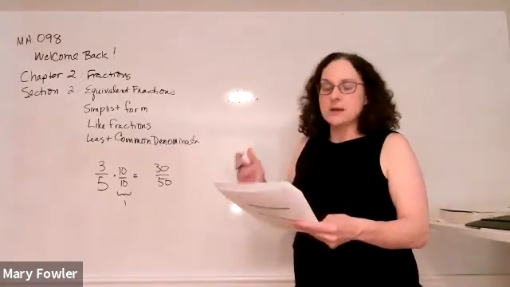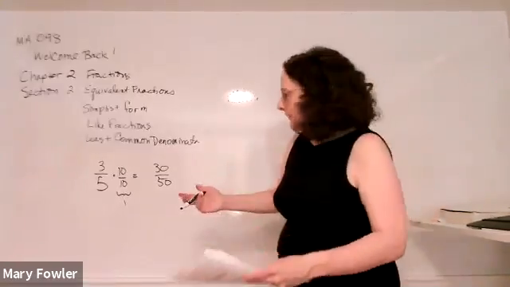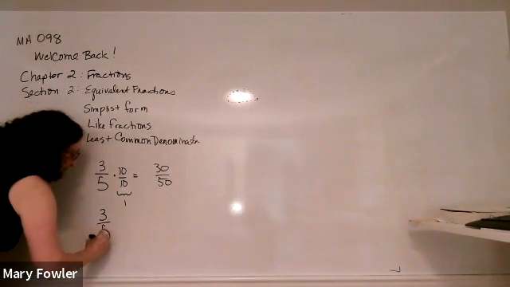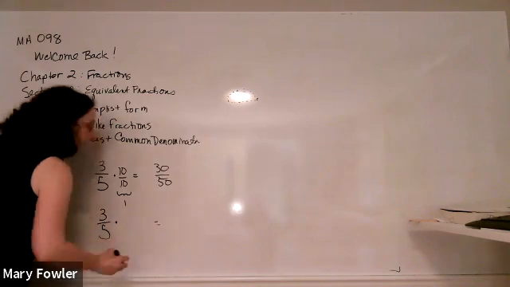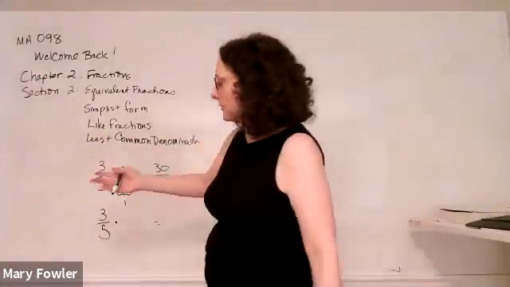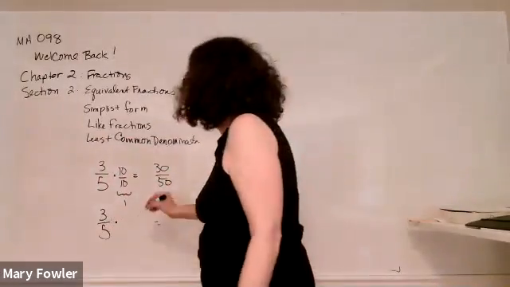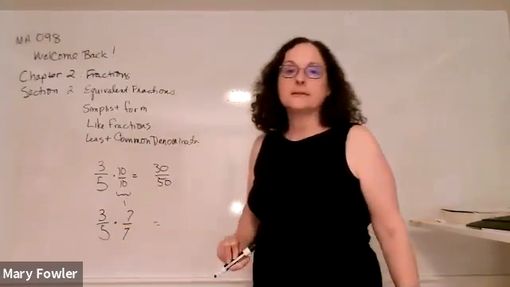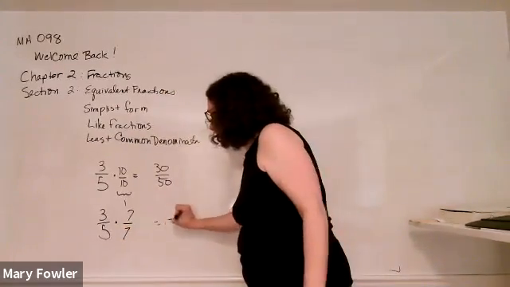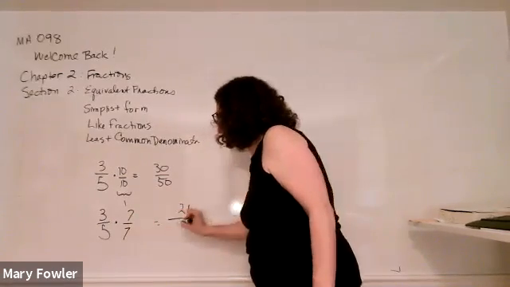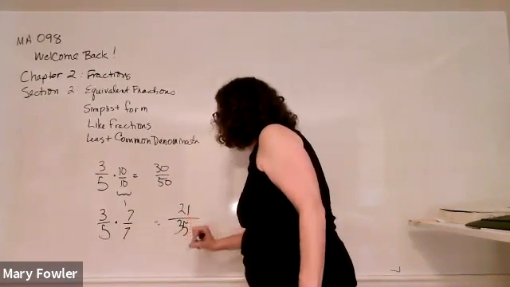We can find another equivalent fraction to 3/5. If I asked you to find another equivalent fraction, you can randomly choose any whole number. So let's say you chose 7. We'll multiply numerator and denominator by 7/7, and we get 3 times 7 is 21, and 5 times 7 is 35.